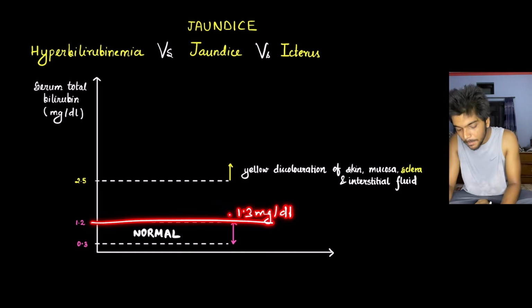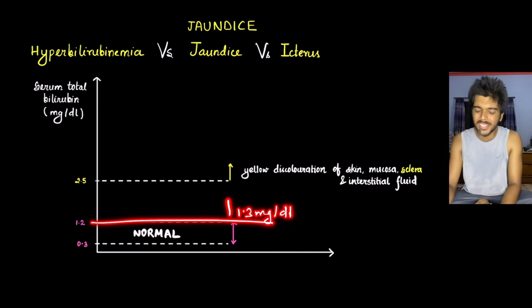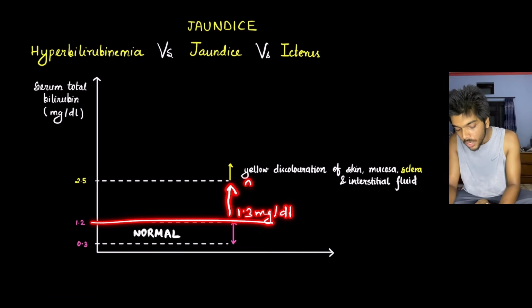As a result, the bilirubin level keeps on rising, 1.3 milligram per deciliter, then 1.4, then 1.5, then 1.6, then 1.7, then 1.8, then 1.9 milligram per deciliter, and around 2 to 2.5 milligram per deciliter.